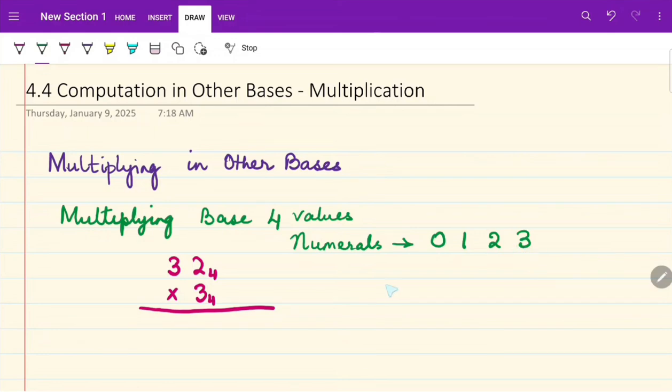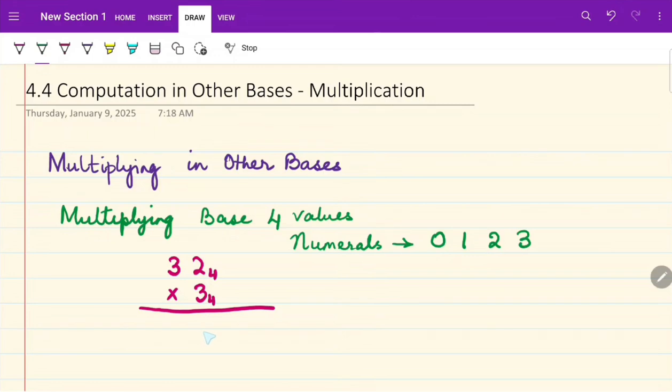Now, keep in mind that the digits that we come up with during the multiplication process will contain only one of these values. The digits can only take a value of 0, 1, 2, 3 because we are working in base 4.